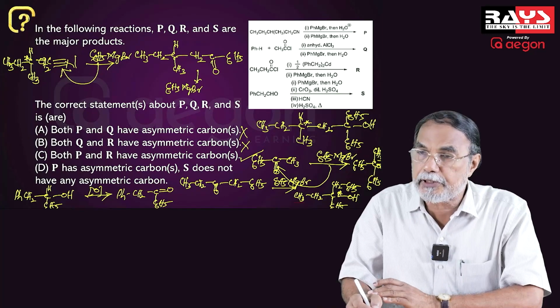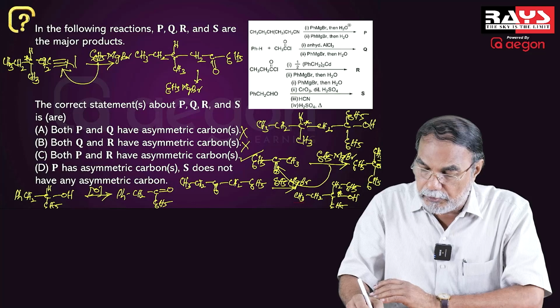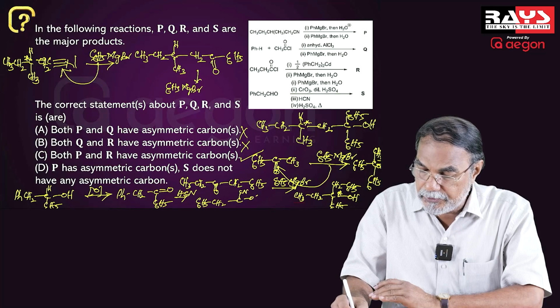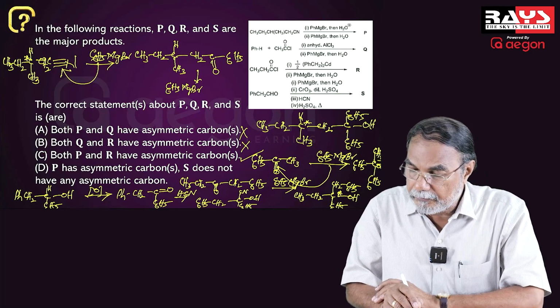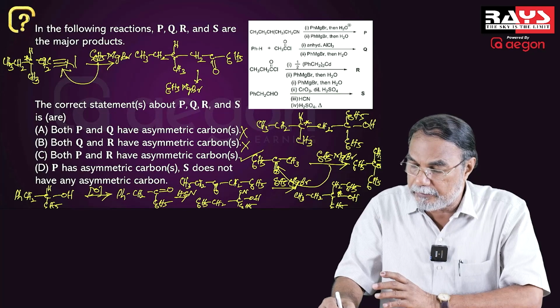Now the third part of the reaction is addition of hydrogen cyanide. It's again a nucleophilic addition to the carbonyl group, and adding hydrogen cyanide you have C6H5, CH2, C, CN, OH, C6H5, and the reaction doesn't stop there. One more step, reaction with sulfuric acid, that means acid medium.